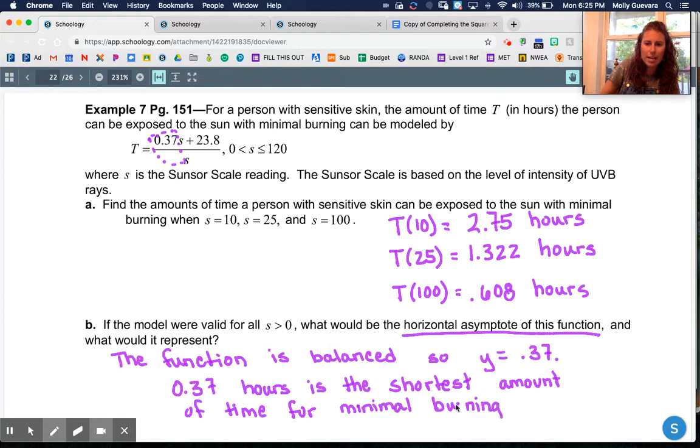So anything above 0.37 hours and you are risking getting burnt. So hopefully that makes sense. So anything above 0.37 hours and you could get burnt depending on the UV rays of the sun.